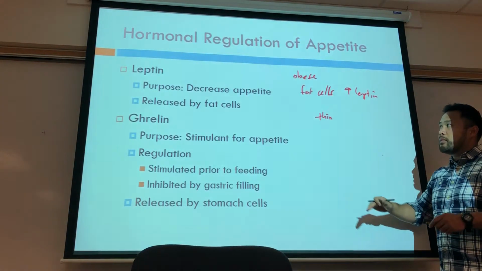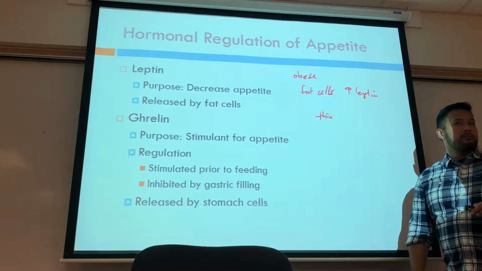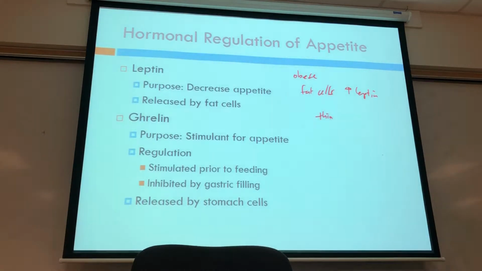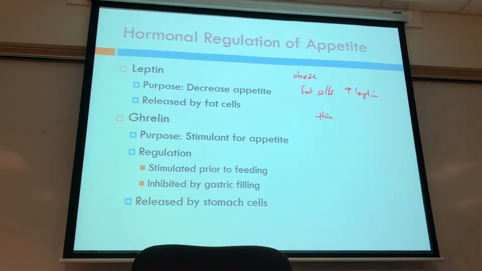And the less leptin, the less capacity you have to decrease your appetite. So in other words, thinner people are hungry. Okay? So the whole purpose of leptin is pretty much to govern your level of appetite.